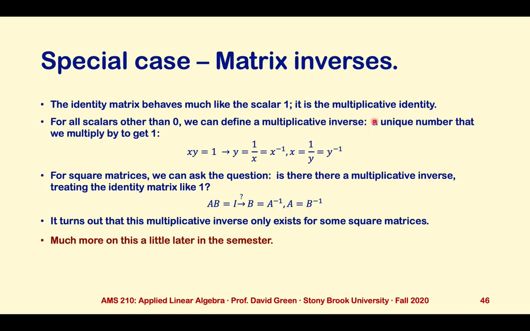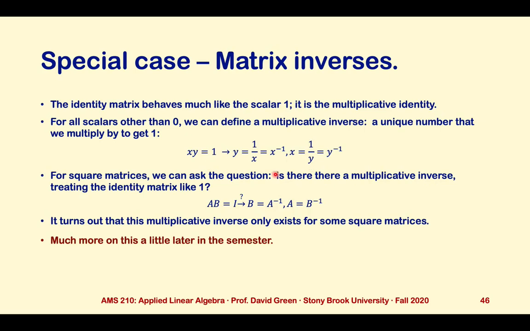A multiplicative inverse is a number that when we multiply it by the number we started with, we get 1. We get the multiplicative identity back. x times y equals 1 means y equals 1 over x, or y equals x to the negative 1. The inverse of x, the multiplicative inverse of x. Or x equals 1 over y, x is the multiplicative inverse of y. We can do this for every scalar other than 0.